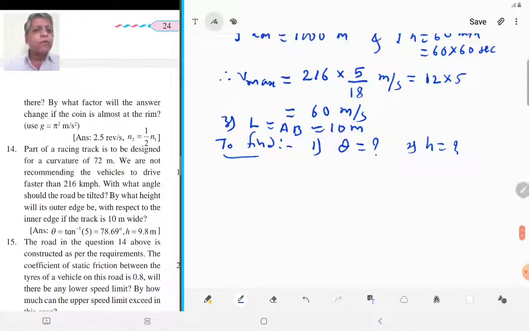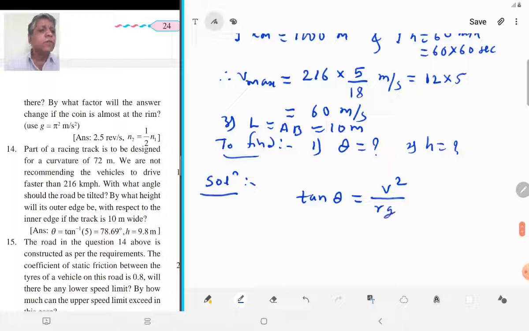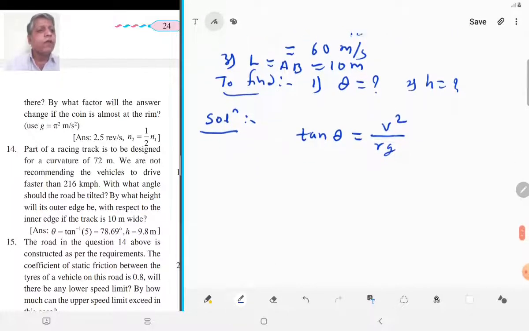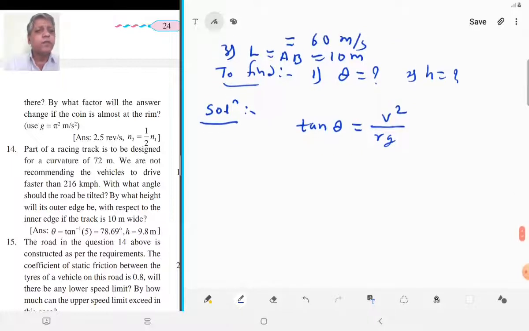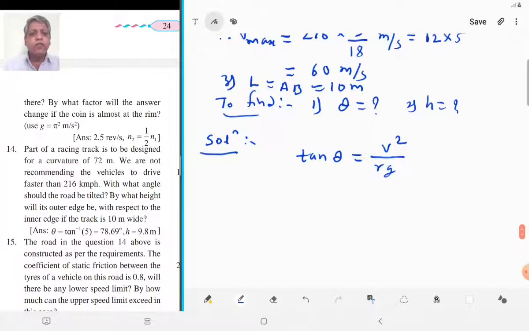That formula is tan theta is equal to V square upon Rg. Substitute the value of V, R and g here. The value of g is not given in this numerical, so the value of g is considered 10 meter per second square.